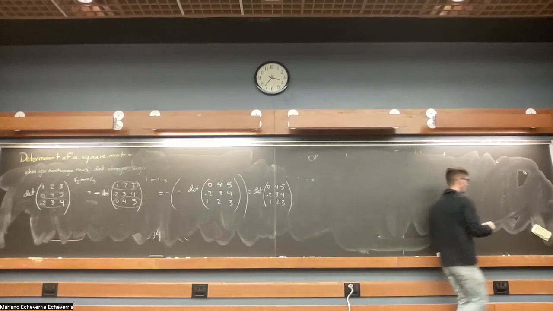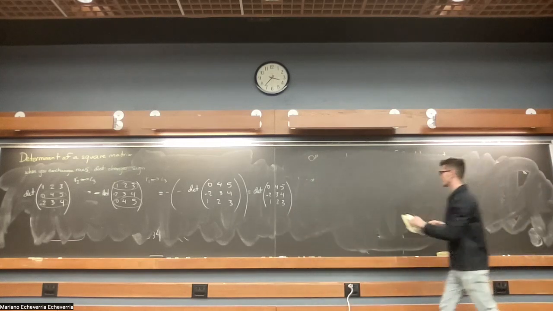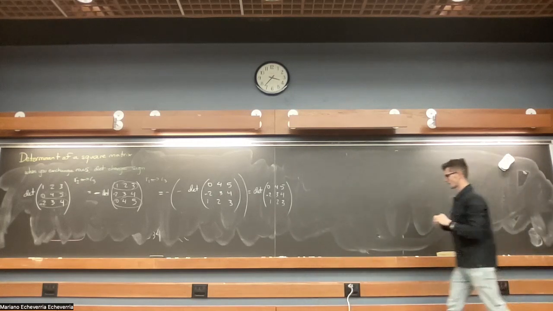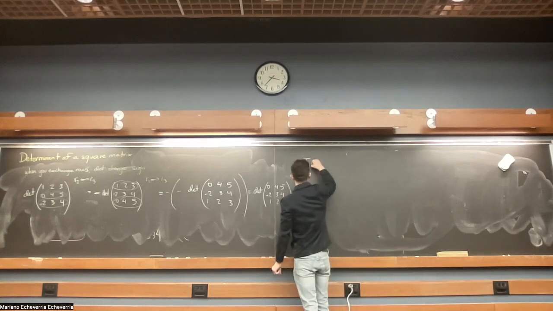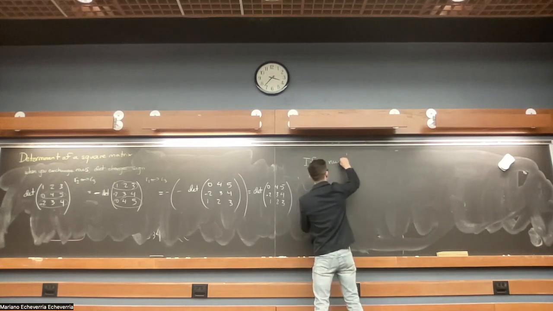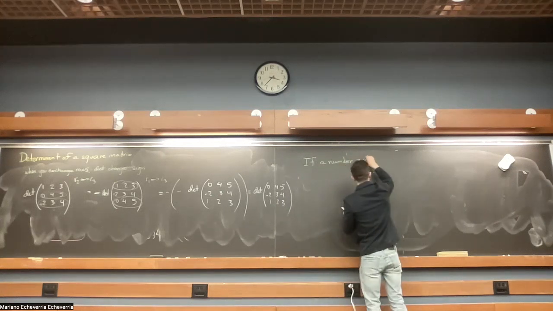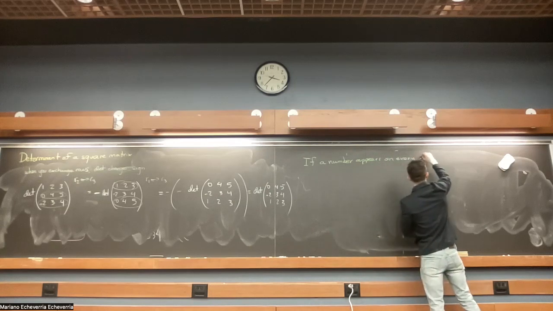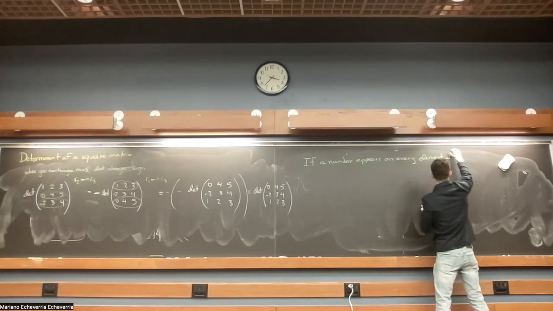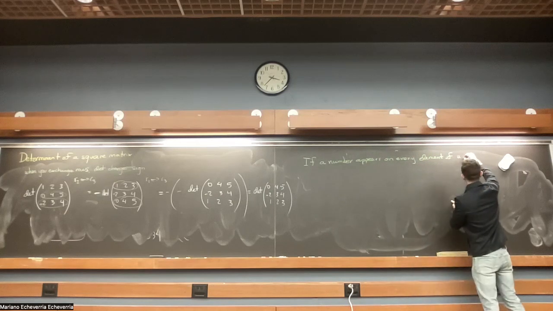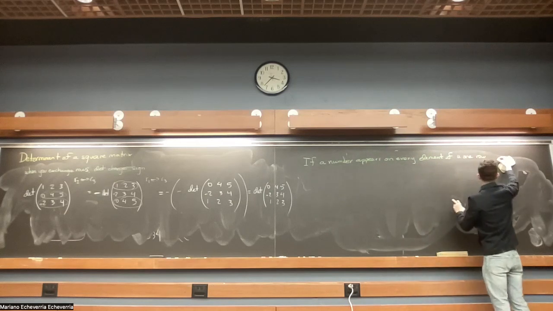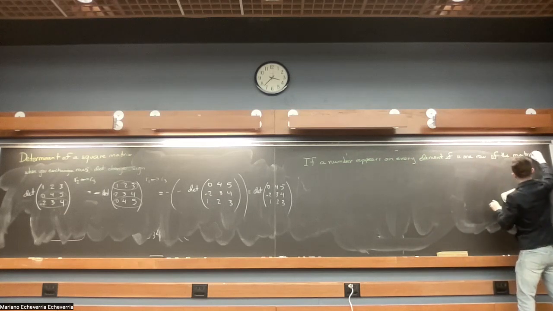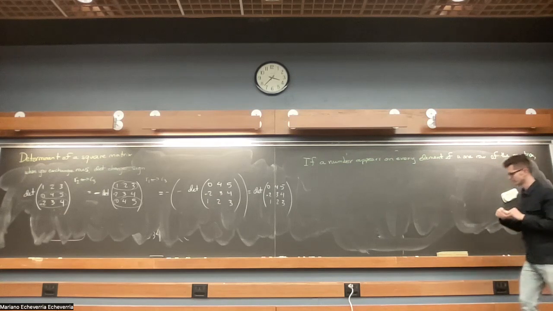So if a number appears on every element of one row of the matrix, you can take it outside the determinant.